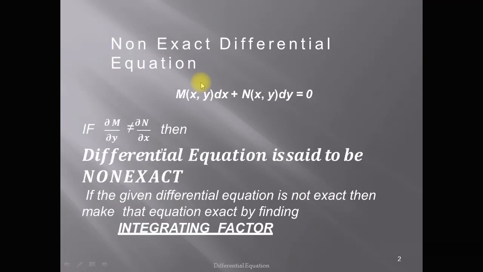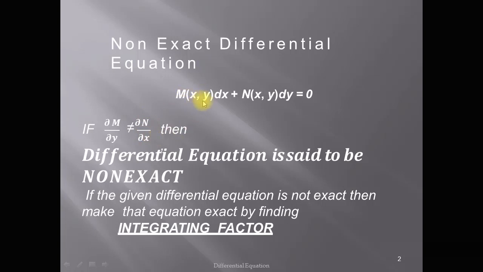Now, what is a non-exact differential equation? This is the general form of the first order differential equation, which I have already told you about in the previous lecture. So this differential equation will be non-exact if partial M by partial y does not equal partial N by partial x.